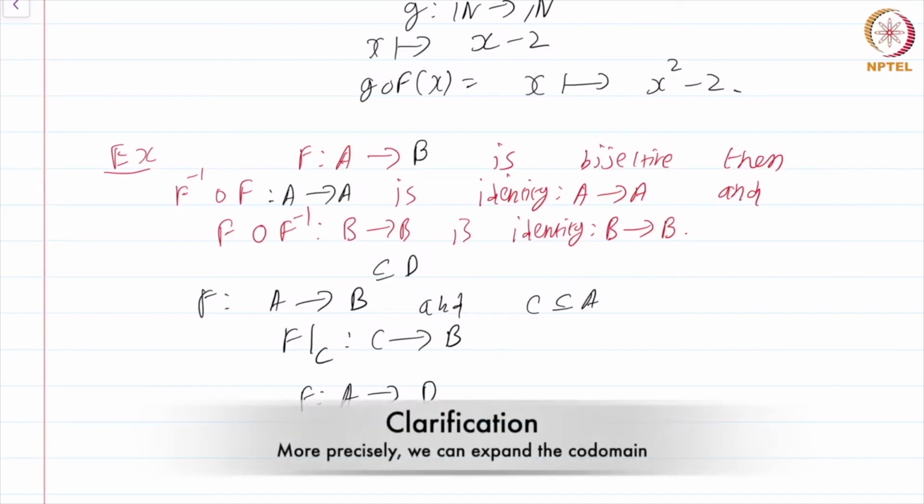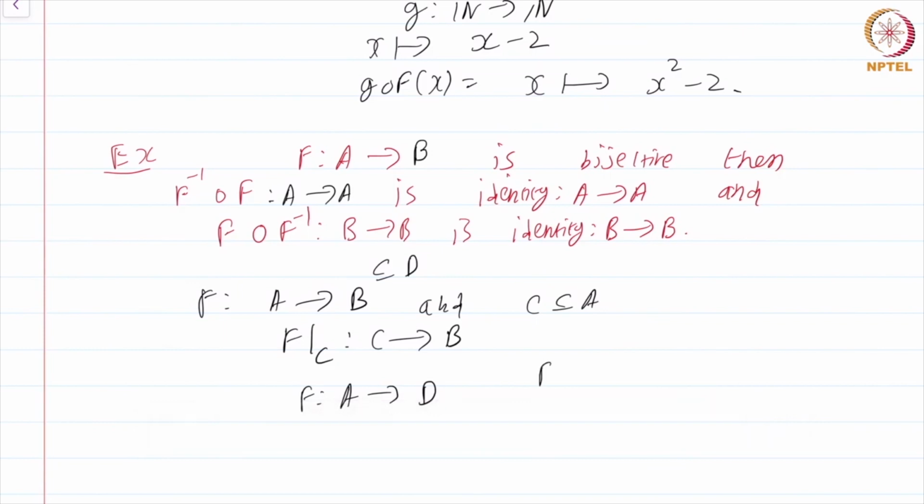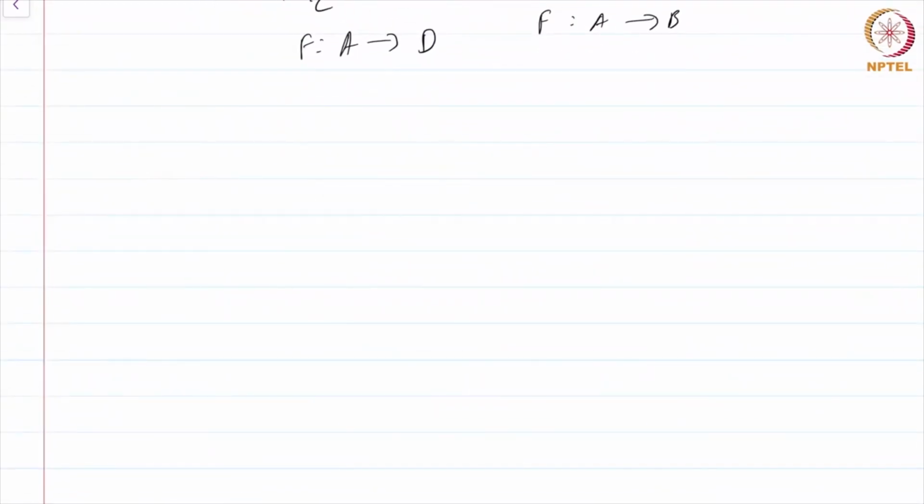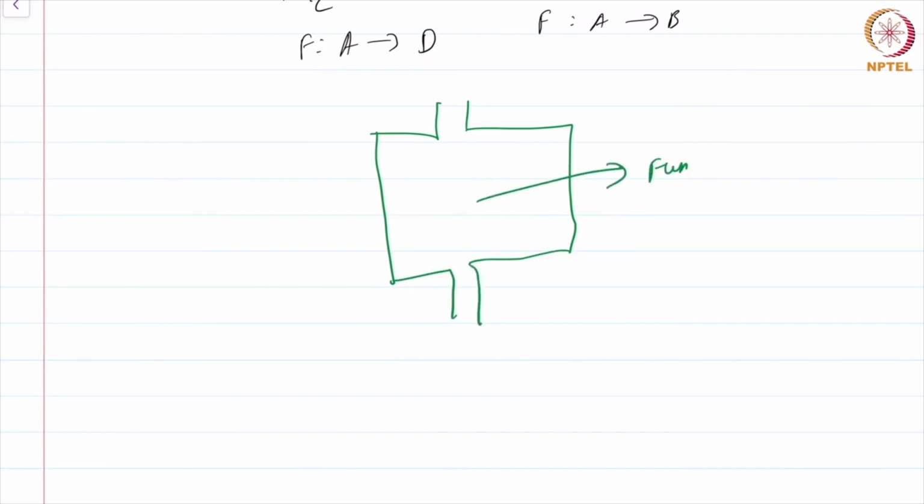Technically, a function f from A to B has three components, which we can illustrate by a picture. We have a function apparatus, which is some function f, which you can think of as some machinery.